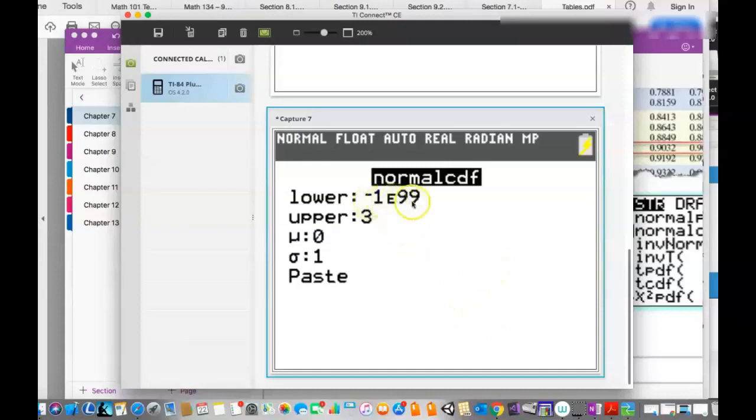But this means negative infinite. So I'm going to enter data on this part and see what the answer is. And mean is 0 and standard deviation is 1.